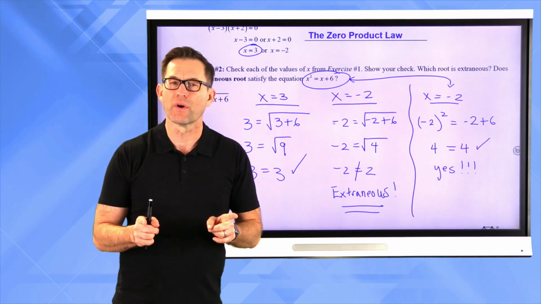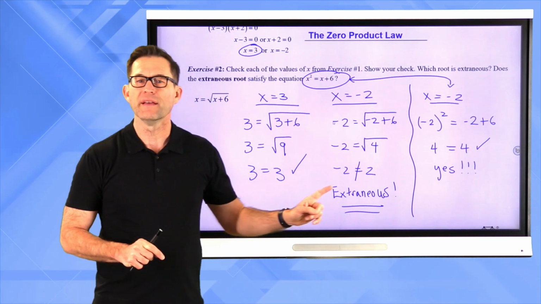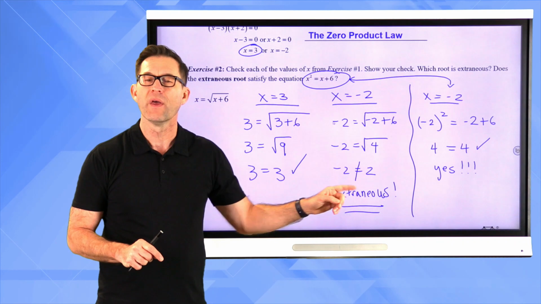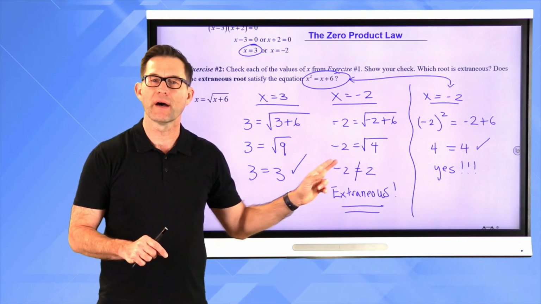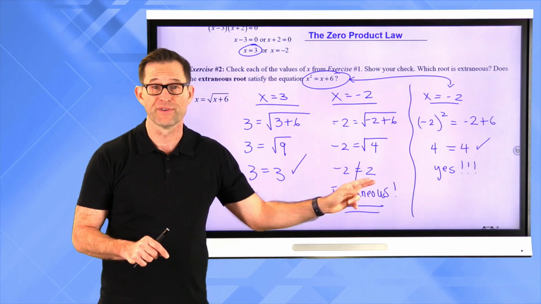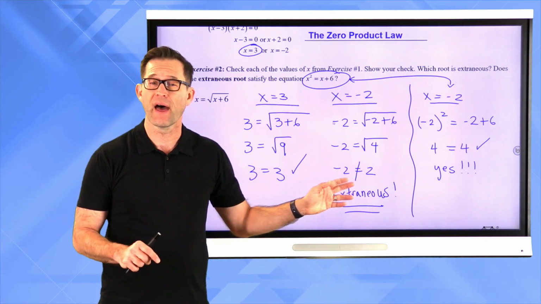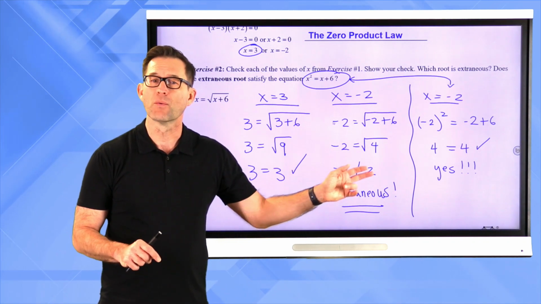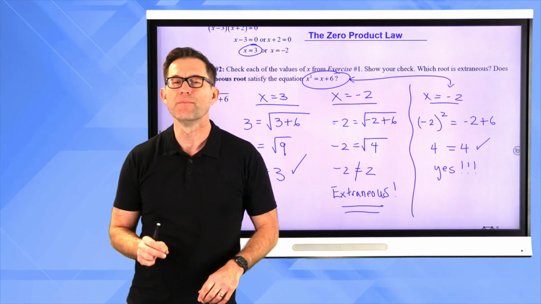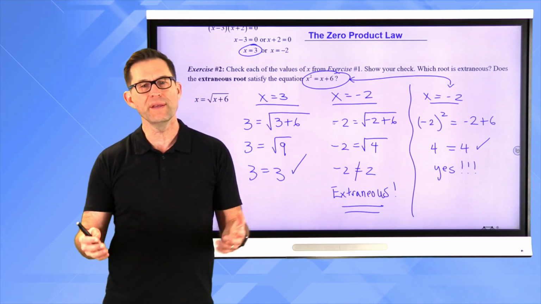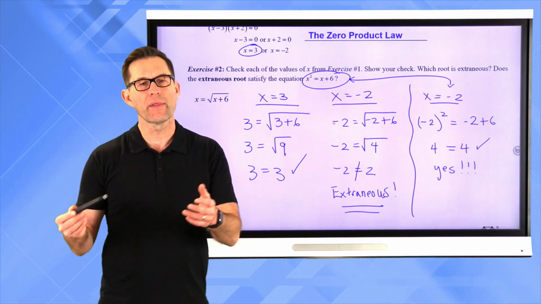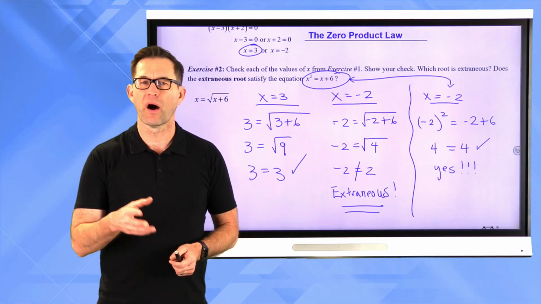Now, notice what's going on here: it's not a solution because negative 2 doesn't equal 2. And yet, if I squared both sides of that, negative 2 is not equal to 2, I'd have 4 is equal to 4. So what's going on here is that when we square a number, we lose information. We lose whether or not the original number was positive or negative.